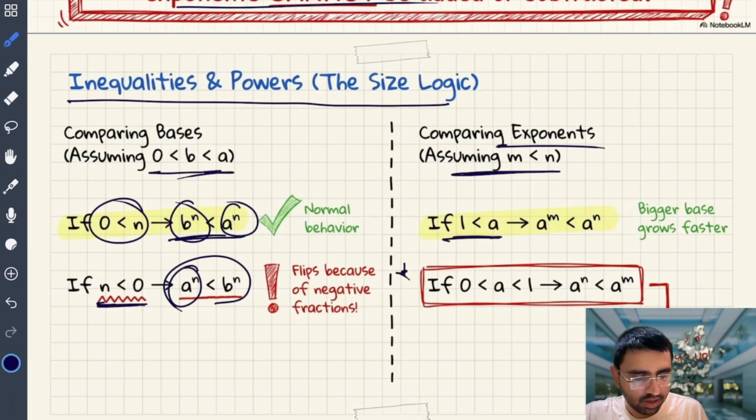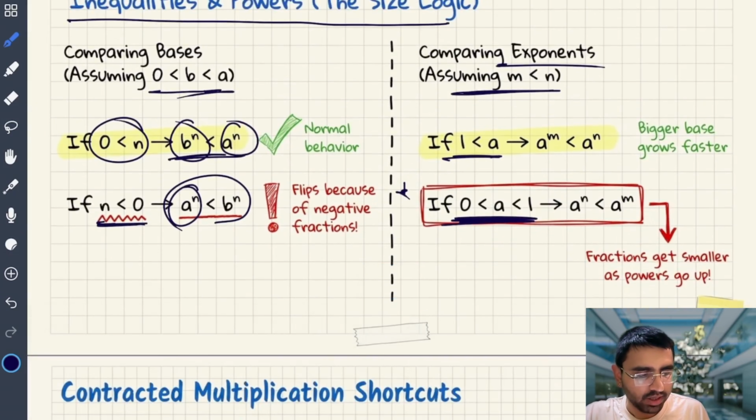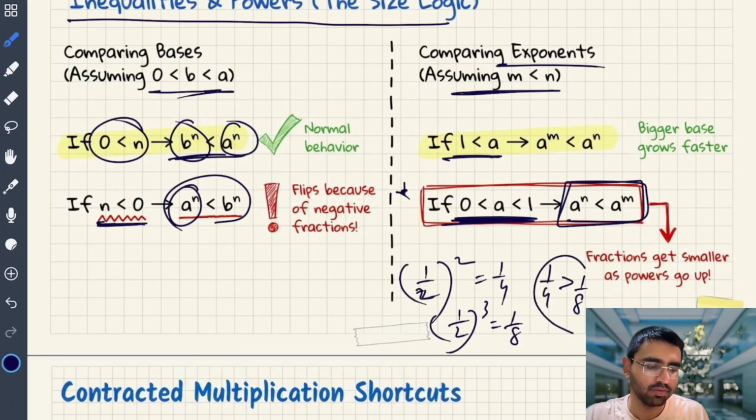Now if a is smaller than 1 but greater than 0, then a raised to power n will be smaller than a raised to power m. Please remember this, because fractions get smaller as the power goes up. As 1 by 2 squared is 1 by 4, but 1 by 2 cubed is 1 by 8. So here which is more? 1 by 4 is greater than 1 by 8.